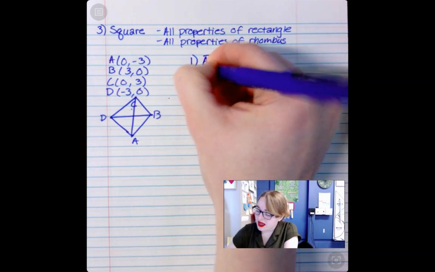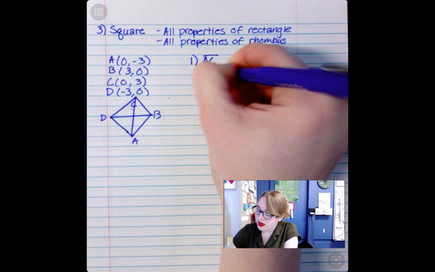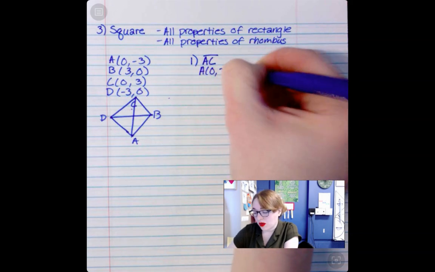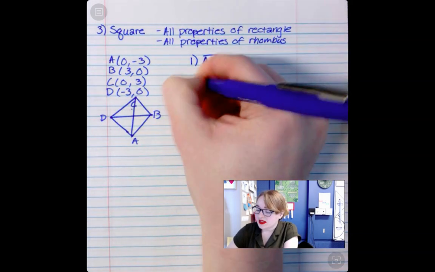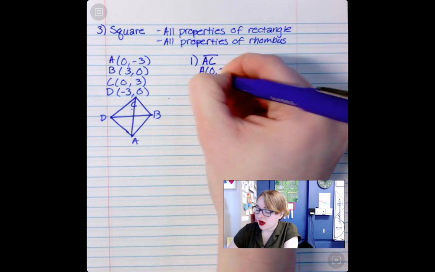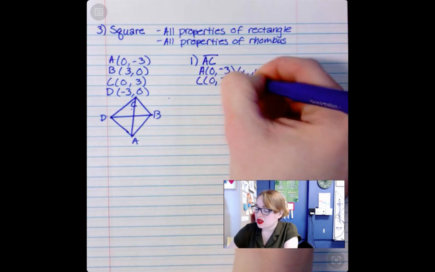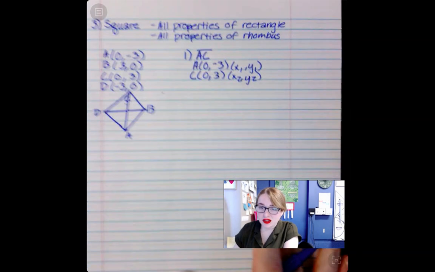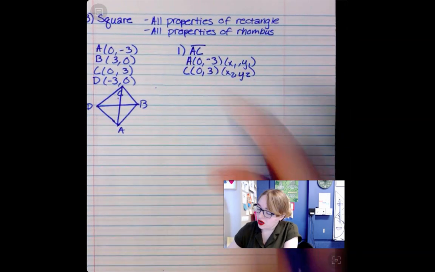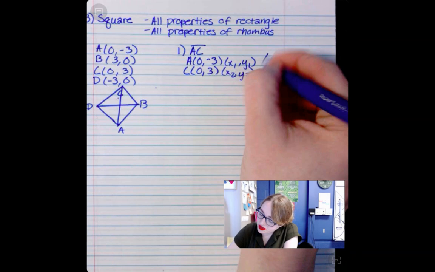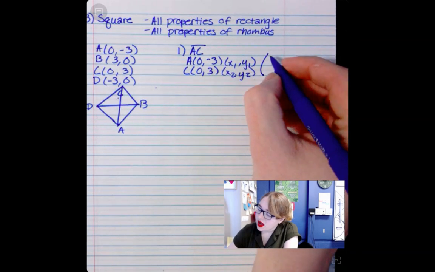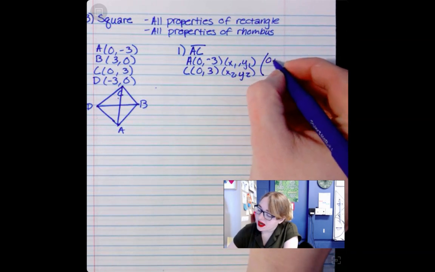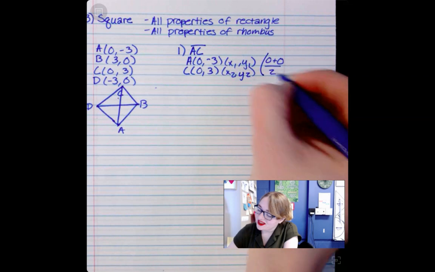So point A is at (0, -3), which I'm going to make my x1, y1. And then C is at (0, 3), which I'm going to make my x2, y2. Okay, and then we just plug it into the formula here. So we have our x1, which is 0, plus our x2, which is 0, divided by 2.